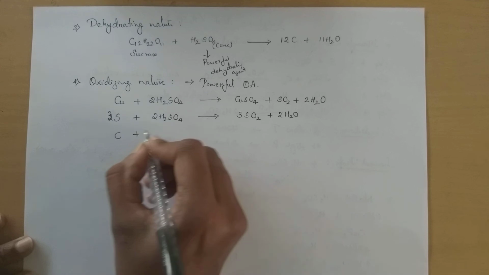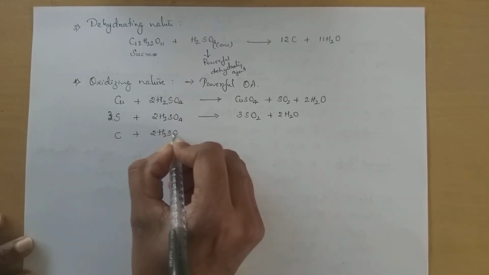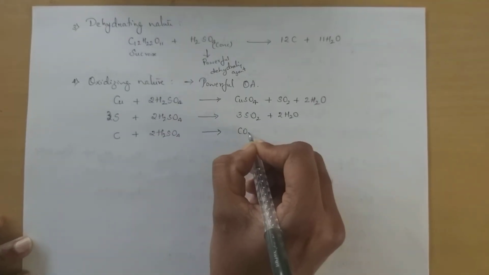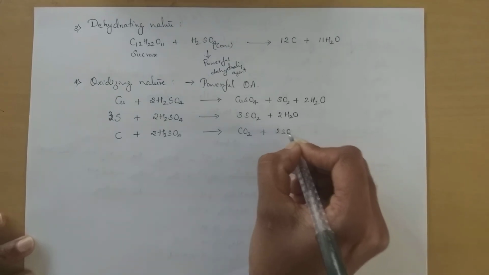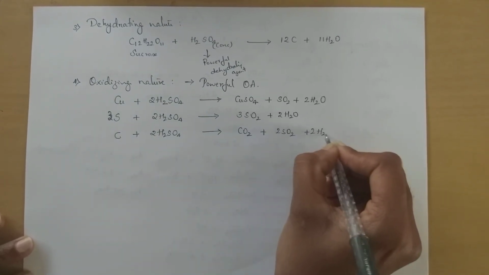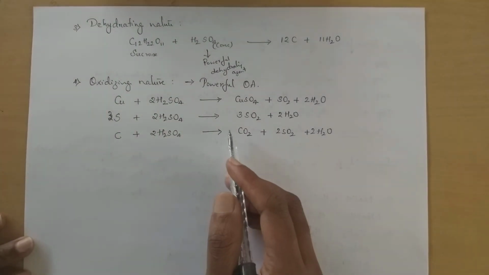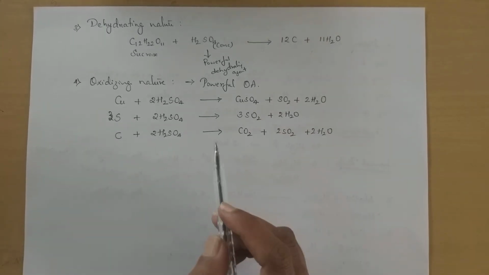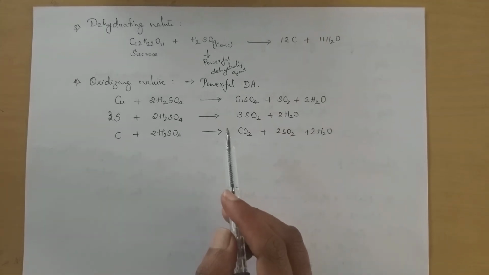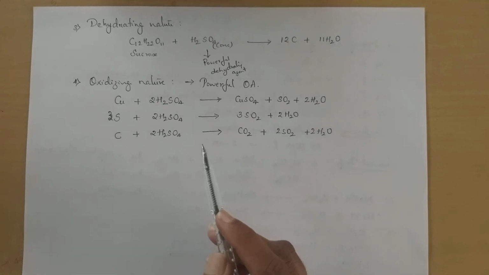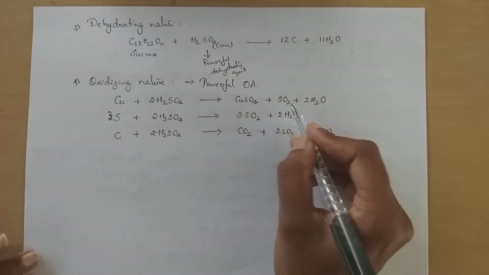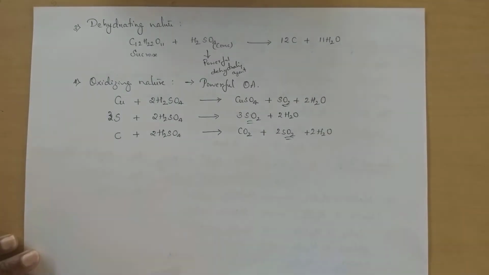Carbon reacts with H2SO4 to form carbon dioxide, sulfur dioxide and water. So H2SO4 acts as a good oxidizing agent. It easily oxidizes metals and non-metals by liberating sulfur dioxide gas.